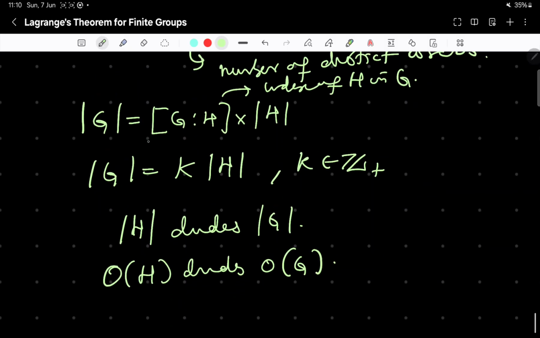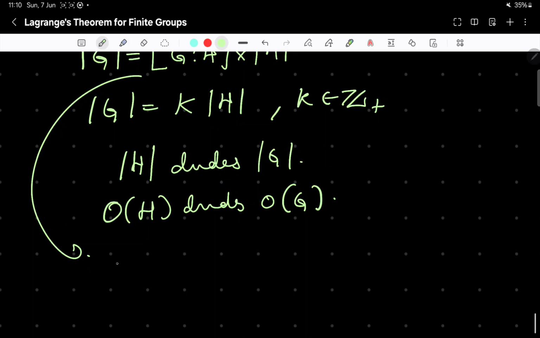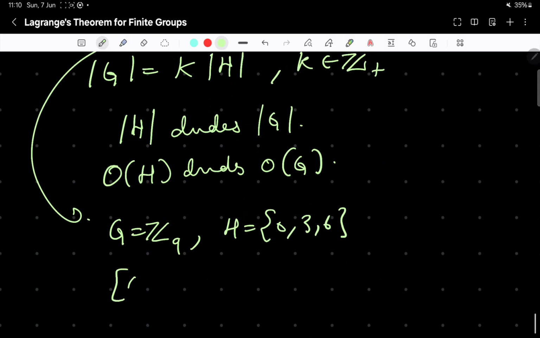You can see this number in our example. If you take G equal to Z9 and H equal to {0, 3, 6}, the index of H in G, how many distinct cosets were there?